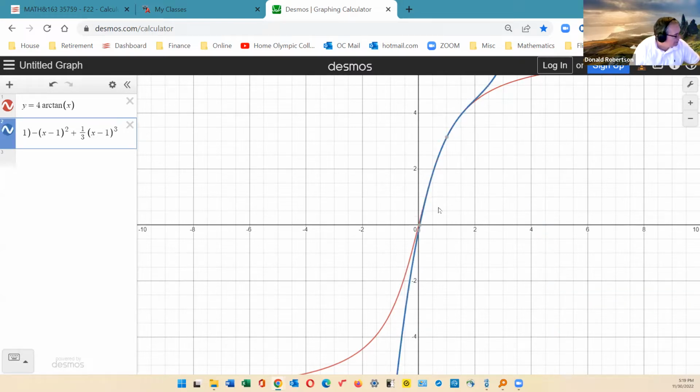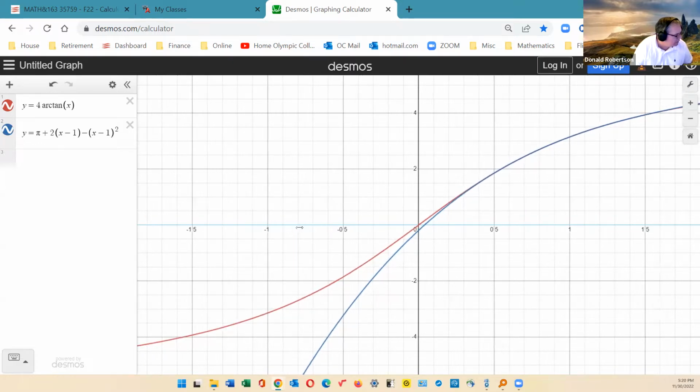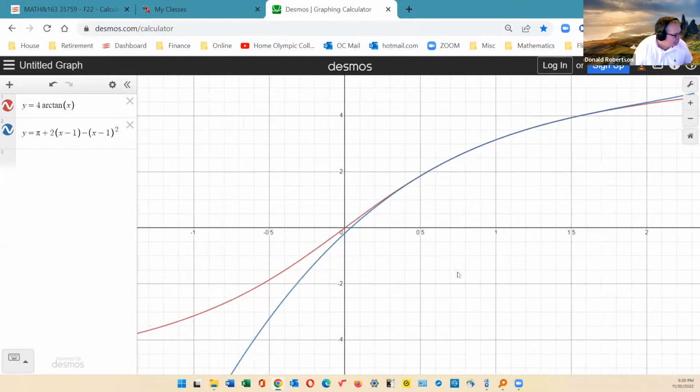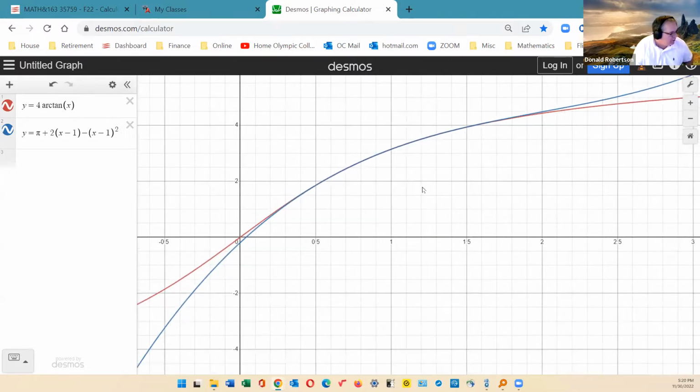There. So adjust the window a little bit. There. Move the center over to 1, roughly about here, right? Would you agree that at least close to 1, aren't both the original function 4 inverse tan and our polynomial so close to each other that you can't even see the difference?